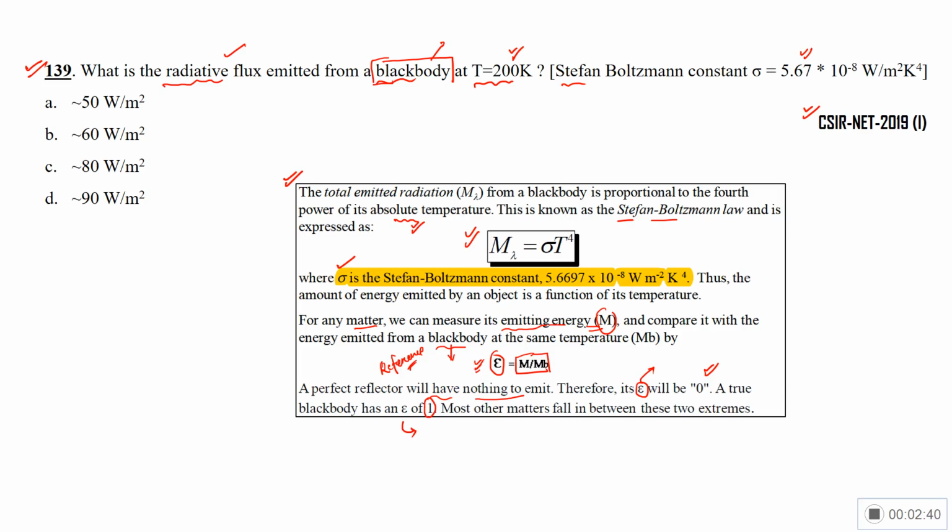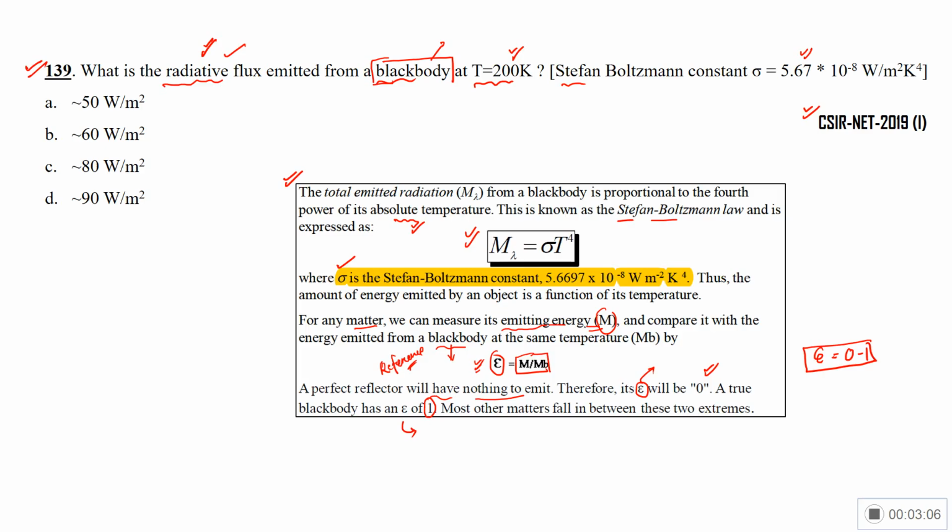All the other materials fall between these two extremes, so the epsilon value will be 0 to 1. The Stefan-Boltzmann law basically measures the total emitted radiation, or we can call it the radiative flux.